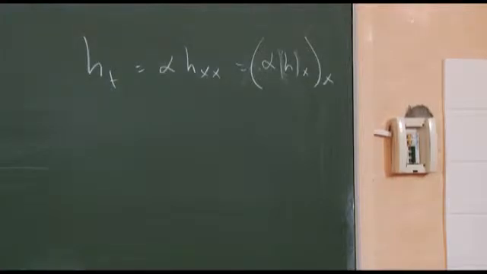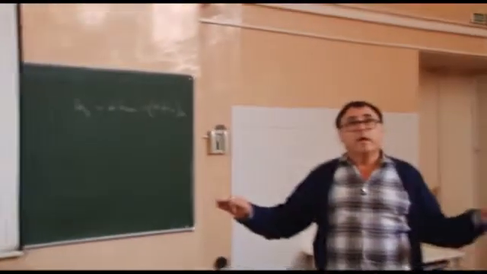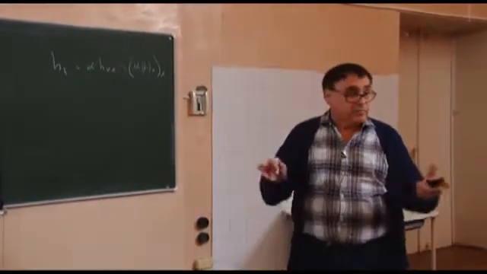If I have a disturbance of a flat state, what happens? Given certain boundary conditions, it will smear out and become flat.